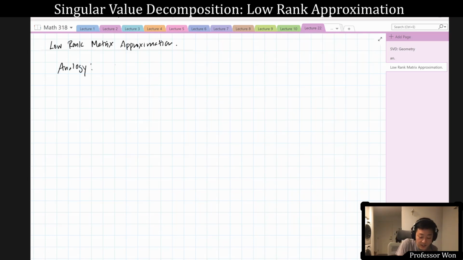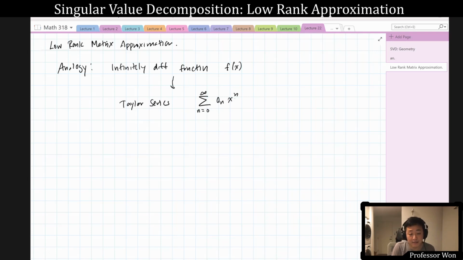If you take any infinitely differentiable function f, like e to the x or sine x, you know that you can write down the Taylor series, which is an infinite series of some coefficients and some powers of x.